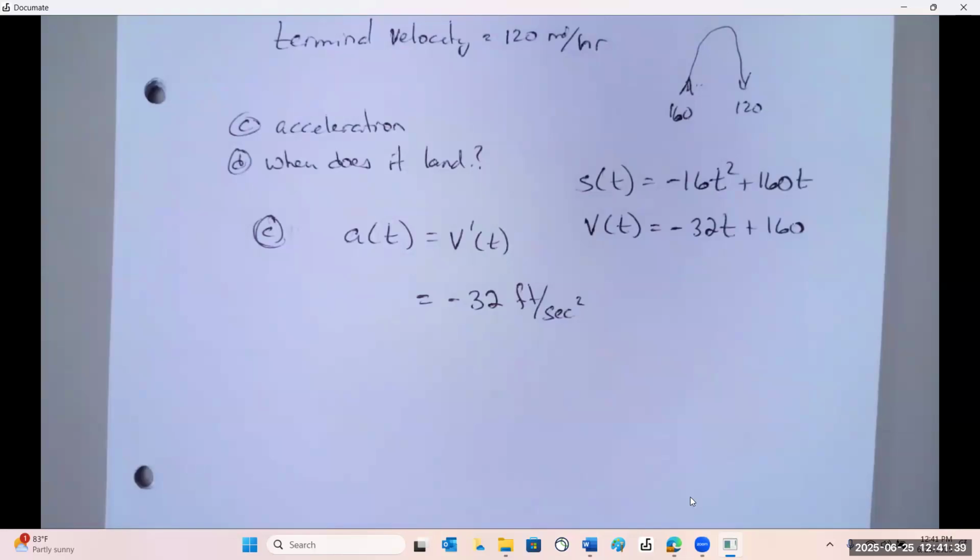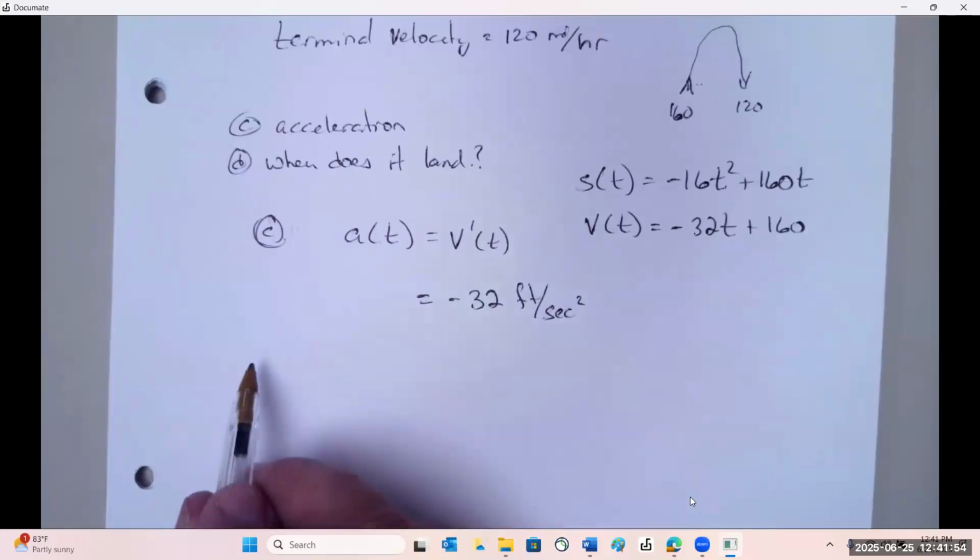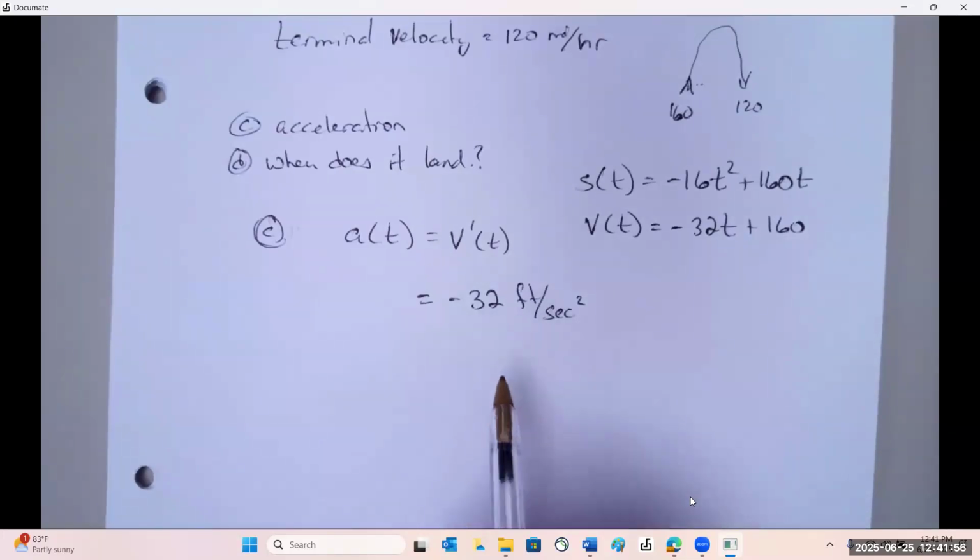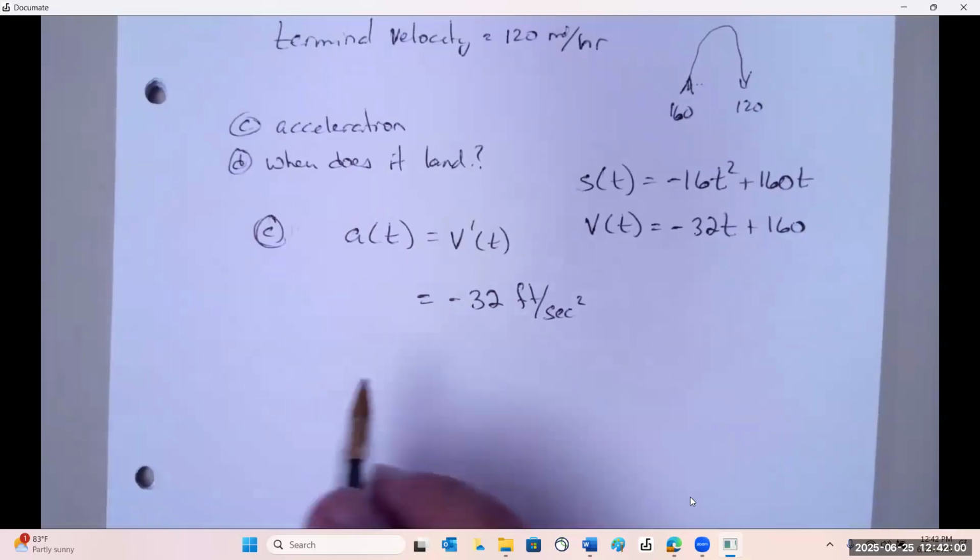So what does that tell us? It's constant. So it's terminal velocity, terminal acceleration. It can't go any faster. So any time along the curve, acceleration is the same, at any time t.